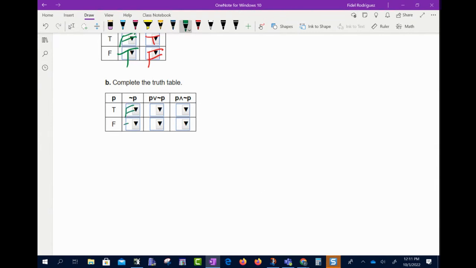And if P is false, not P is going to be true. Okay, now the second part that we have here, y'all, is this one right here. It says P or not P, okay? Now, this is the or statement. Guys, what I'm going to do, this is question number 10.